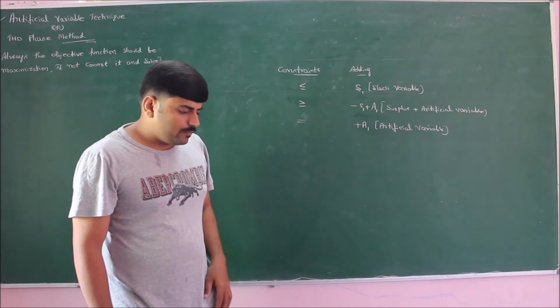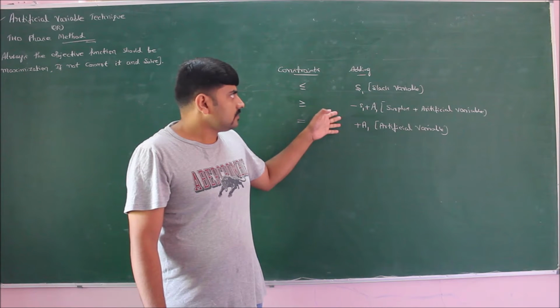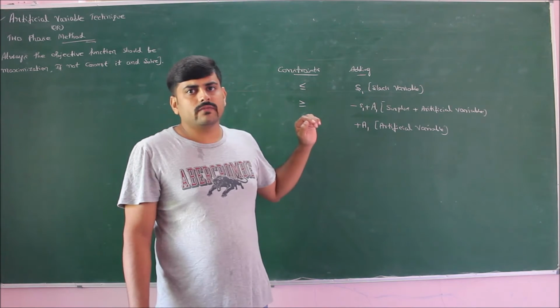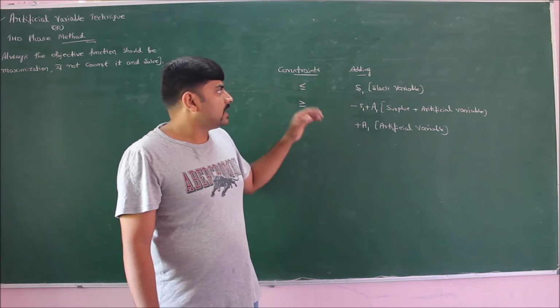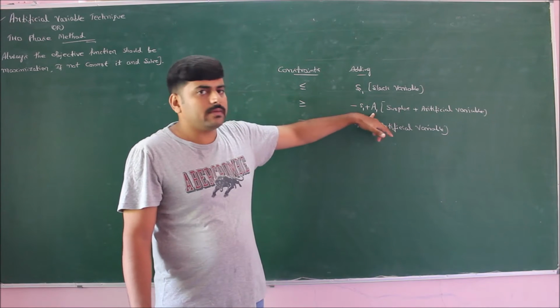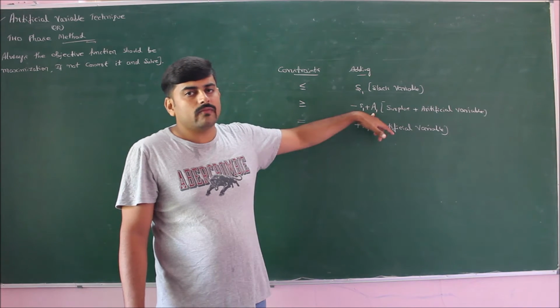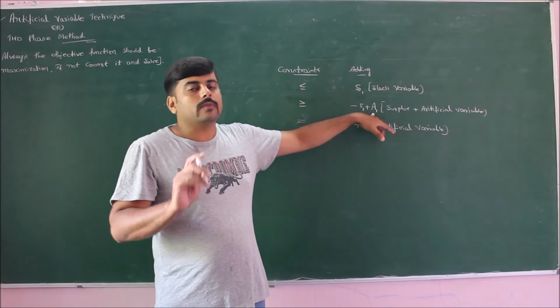Now, in case of big M method, these are the various constraints which we are going to convert into linear set of equations. But in case of big M method, the coefficient of artificial variable is given as minus M for maximization problem in the objective function.